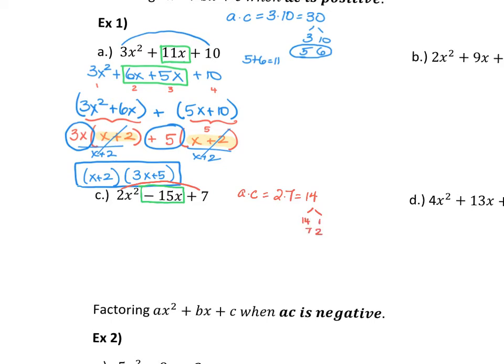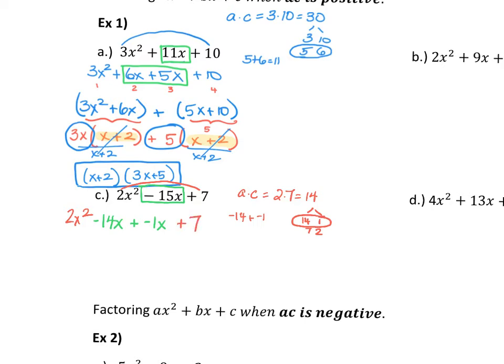Okay, so we know 14 and 1, there's some way that we could get negative 15. So how could we combine 14 and 1 to give us negative 15? Well, it would have to be negative 14 plus negative 1. Okay, so we're going to rewrite this whole thing, and then we're going to write minus 14x plus negative 1x, and then I'm going to continue on with the plus 7.